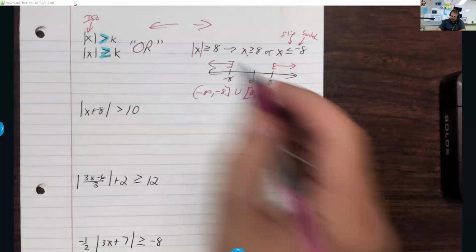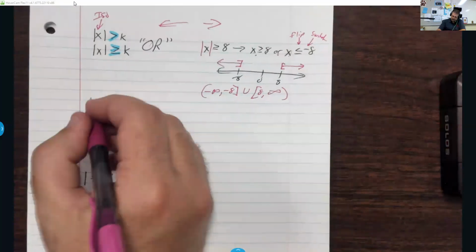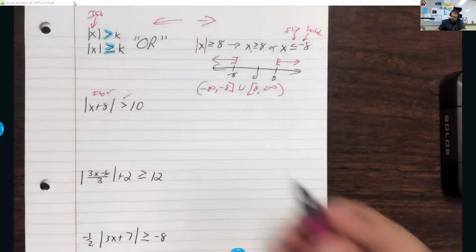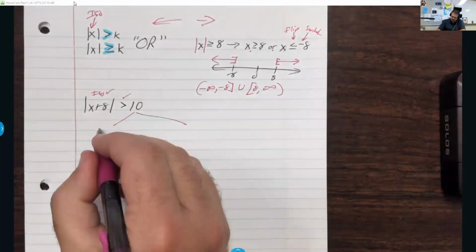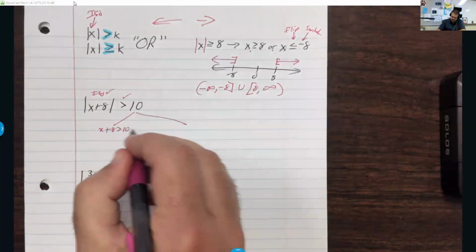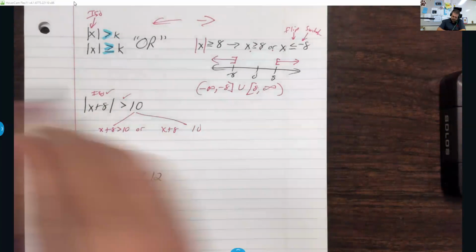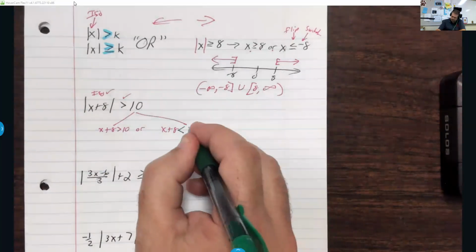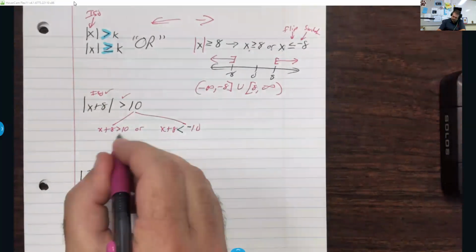Now, notice two rays, and that's normally what's going to happen. All right, so let's look at this next one. It is isolated, so we're done. I have a greater than, so we're going to separate. X plus 8 is greater than 10, or x plus 8, we've got to flip it and switch it. So I'm going to subtract the 8.